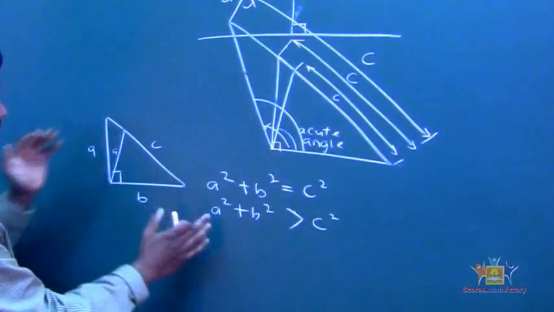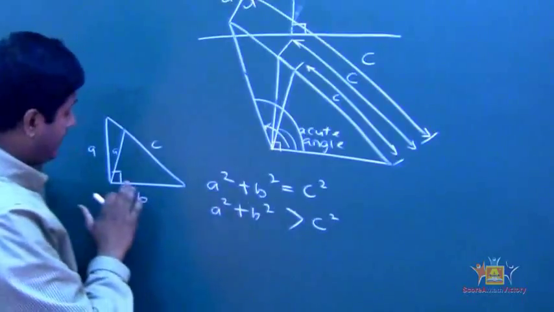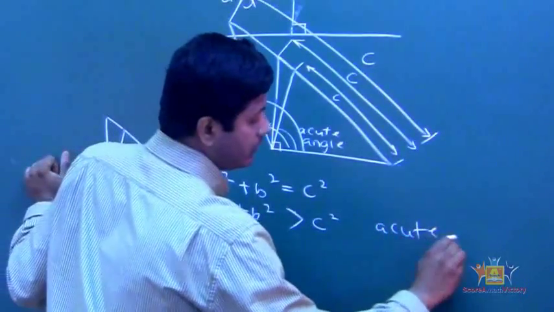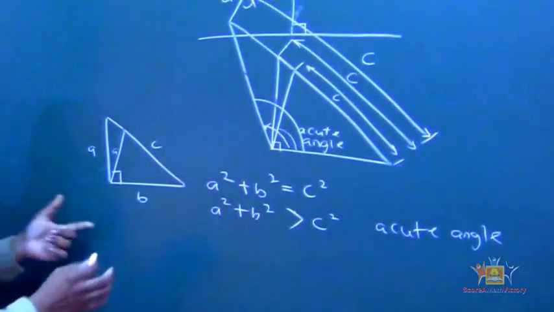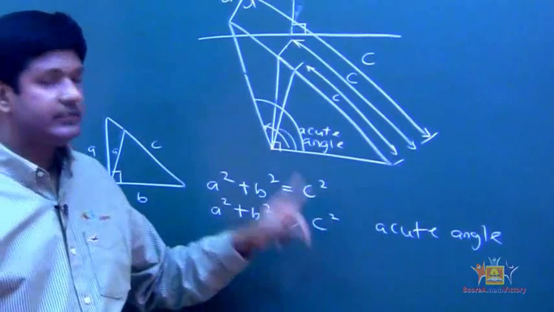When this gets shorter, A squared plus B squared will be greater, and that gives you the acute angle. It's going to be an acute angle triangle, where A squared plus B squared is greater than C squared.